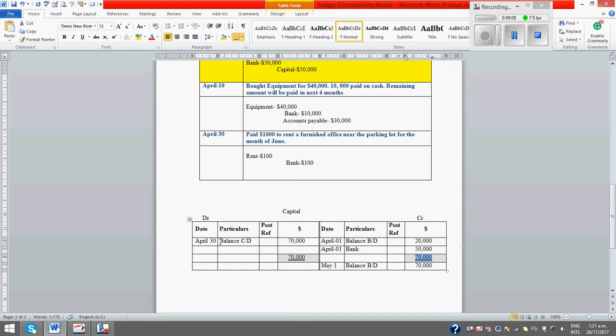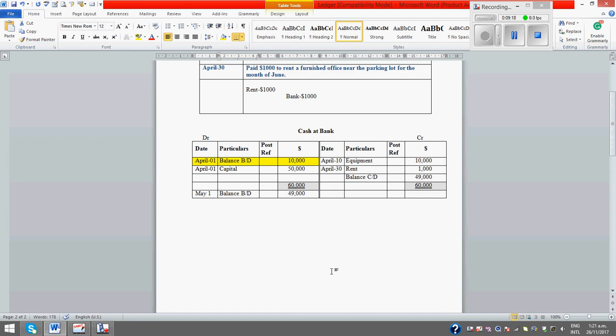As you see, if balance CD is on the debit side, then next month it will be on your credit side. Over here, your balance CD, which was on the credit side, next month will be on the debit side. As you know, cash at bank is a debit account.